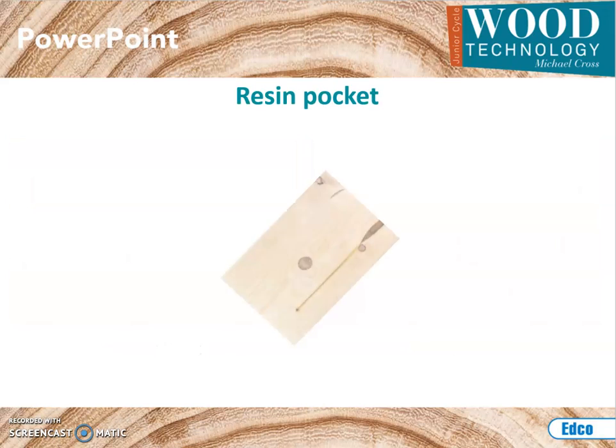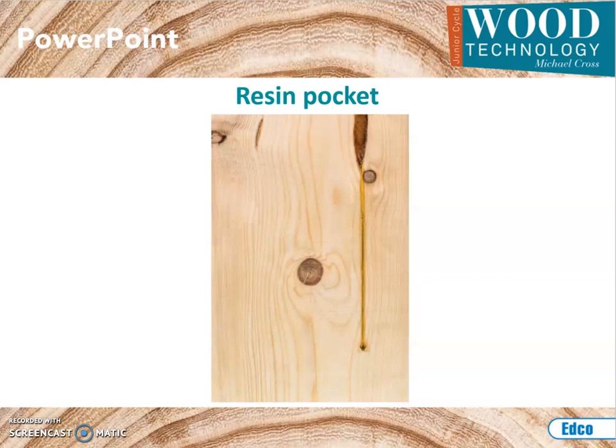Next defect then is a resin pocket. Simply, a resin pocket is some part of the tree where the tree transports its sap. If you climb a tree, the sticky part or the resin of the tree is sap. That's how the tree gets its food; it's kind of a glucose mixture. The way the tree transports this sap up through it, it can get stuck and cause a resin pocket or a resin canal.